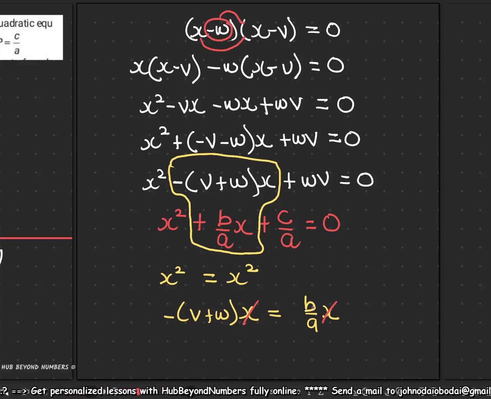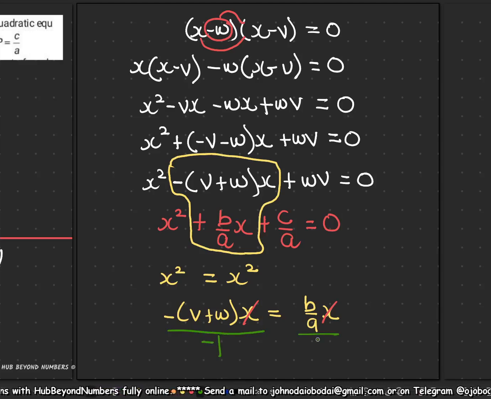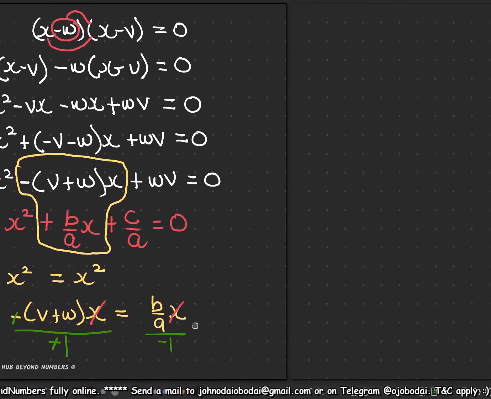And we can say that, oh, then making v plus w the subject, we divide both sides by negative 1. You see? So if I divide all of this by negative 1 and I divide this also by negative 1, it means this negative is going to take out this negative. And what would I be left with?